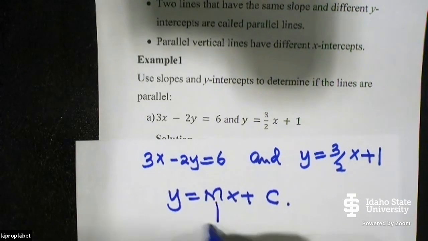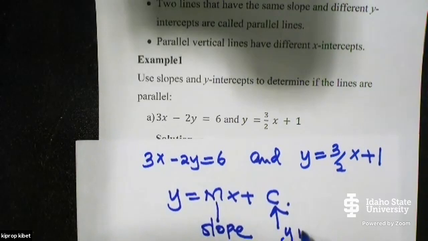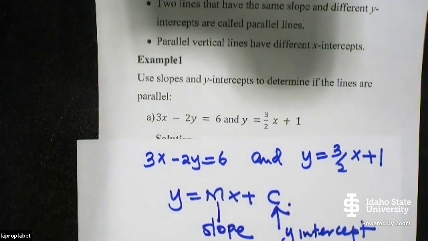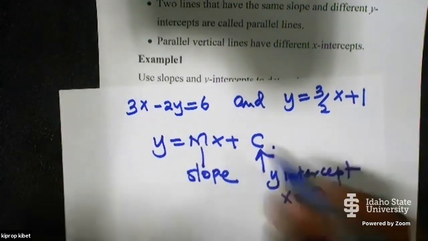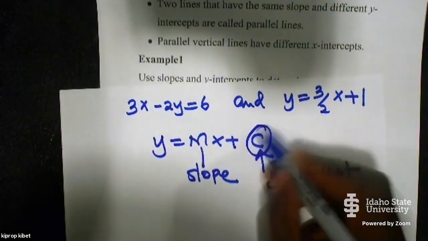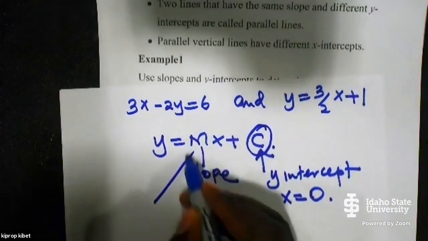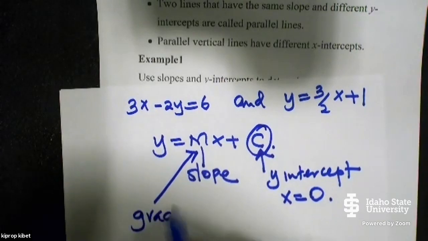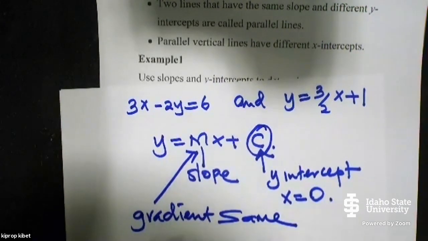This m is the slope, and this c is the y-intercept, when x equals 0. If the gradient for the two lines is the same and the y-intercept is different, then we have parallel lines.